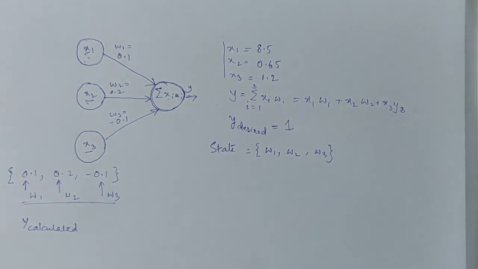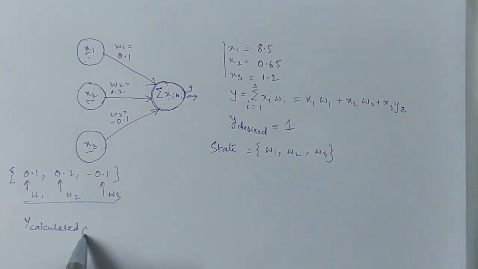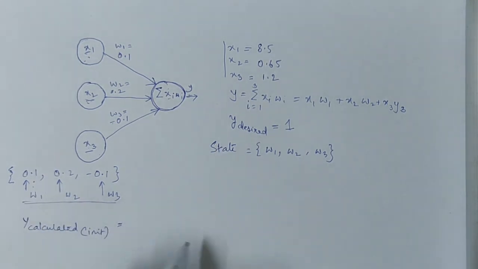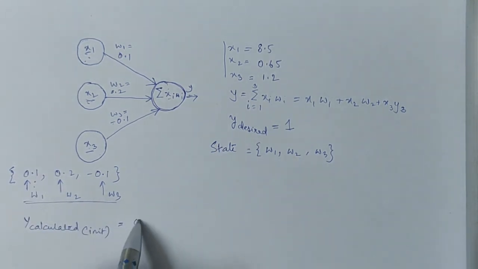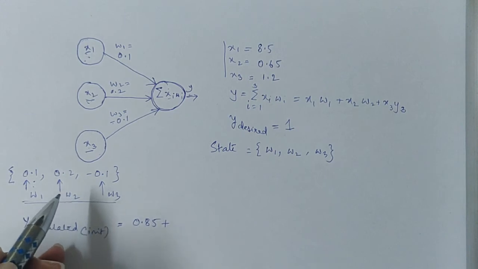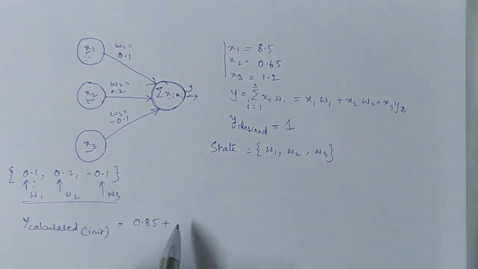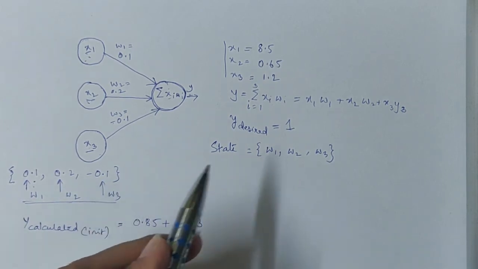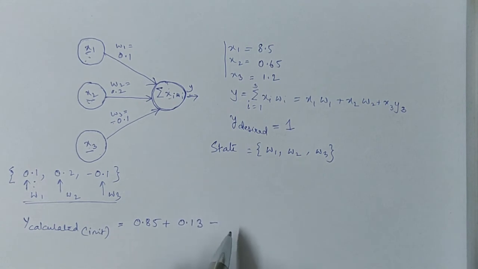But if you see with these particular values, what will be the y calculated at initial state? 0.1 into 8.5 means 0.85, plus 0.2 into 0.65 means 0.13, minus 0.1 into 1.2 means minus 0.12.